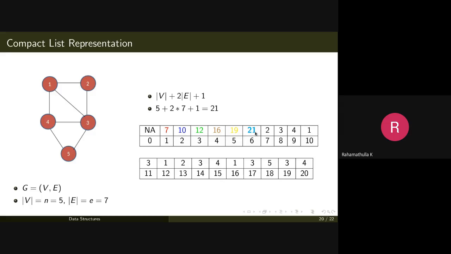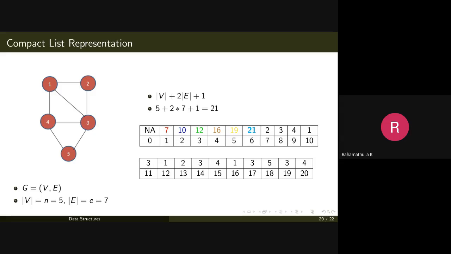Vertex 5, 21 minus 19 edges. And the edges of vertex 1 are available at 7, 8, and 9, just before this value 10. Vertex 2's edges are available at positions 10 and 11, and so on.